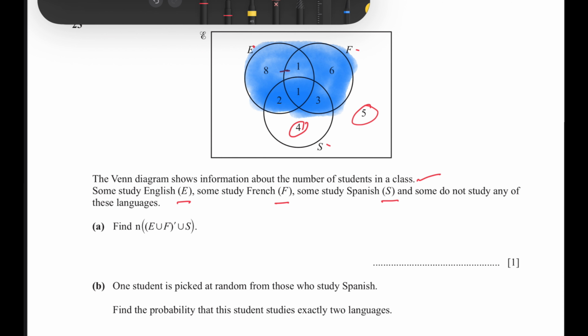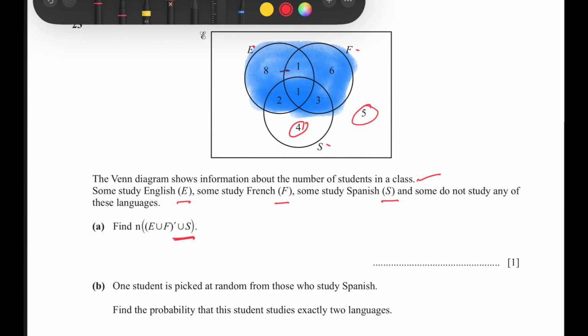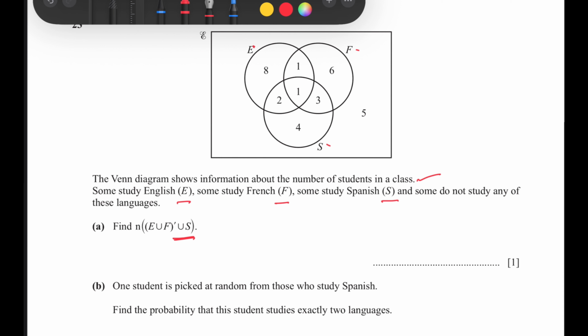And they are saying then union S. Union S means, in union S, these things will be included. That means 1, 3, 2, 4, 5.